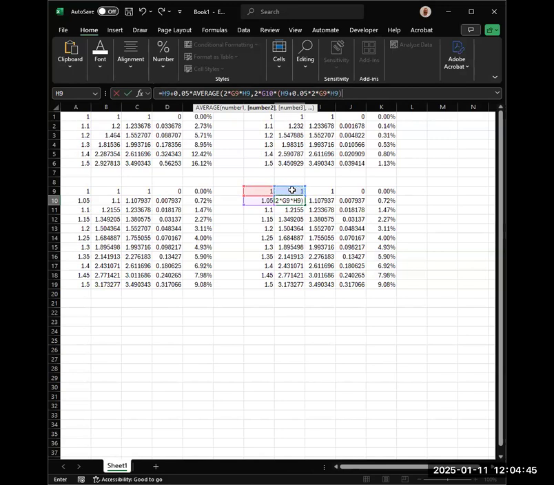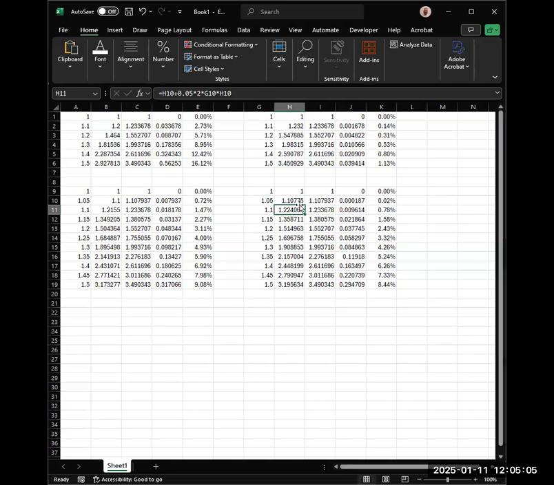Close that up for that new approximation for y, close that up for the average, and we should have 1.1077, which is pretty good. Okay, let's run this down.